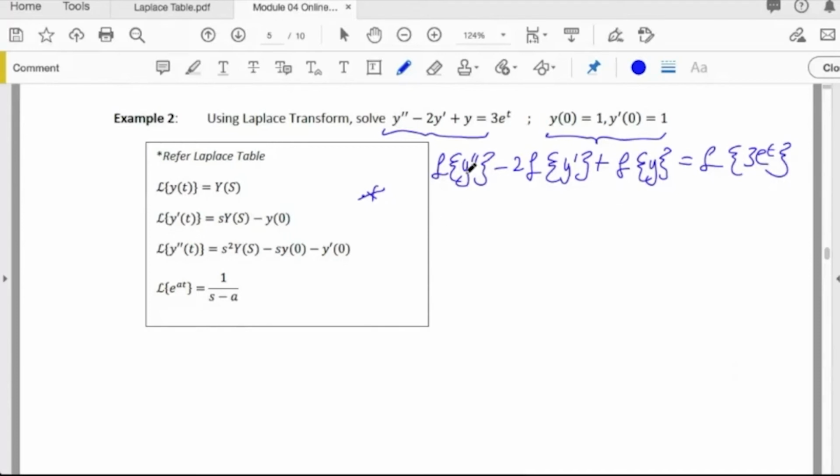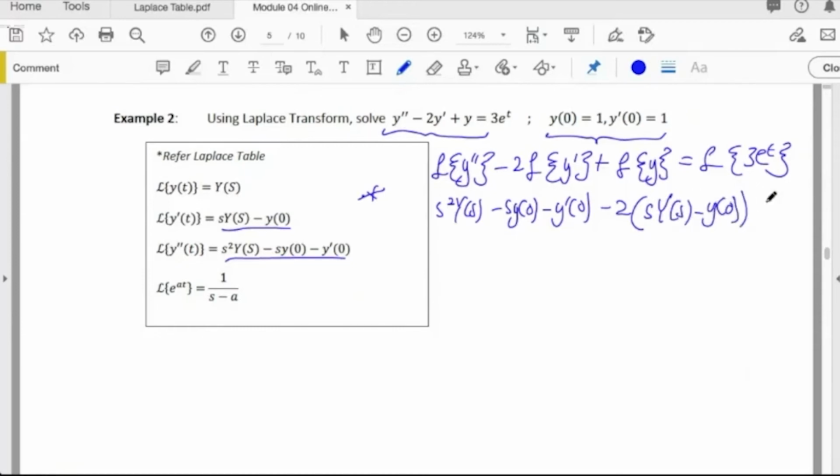These will give you s squared Y(s) minus s y(0) minus y'(0), minus 2 times, and the y'(t) transform gives you s Y(s) minus y(0), plus, and the y(t) transform will give you Y(s).